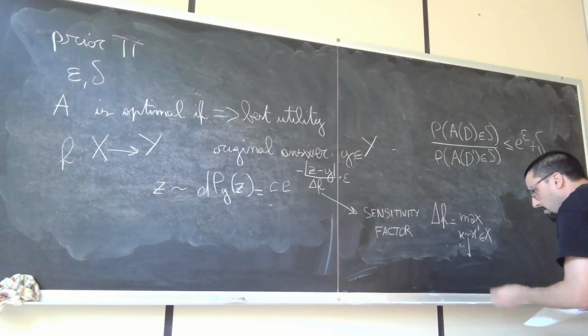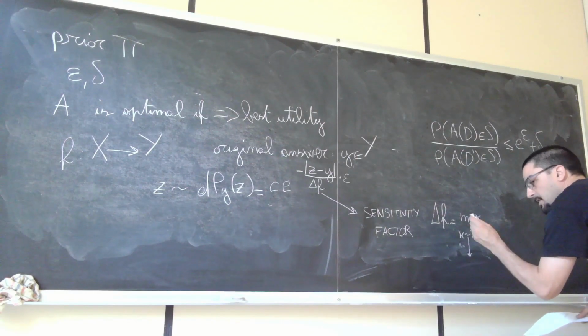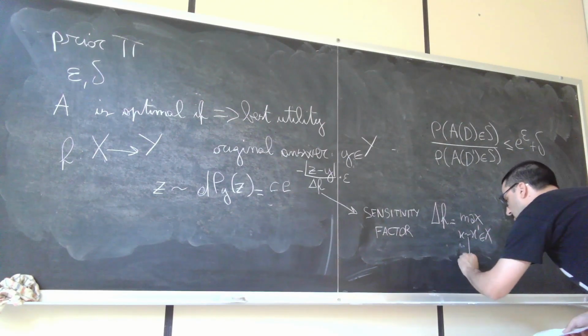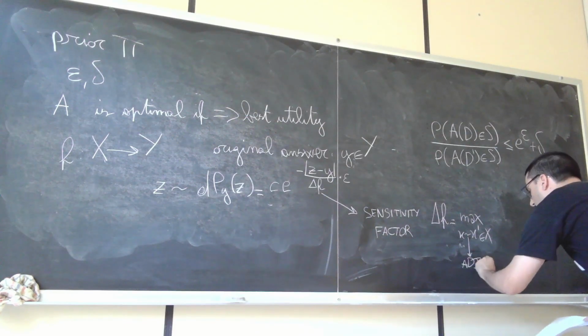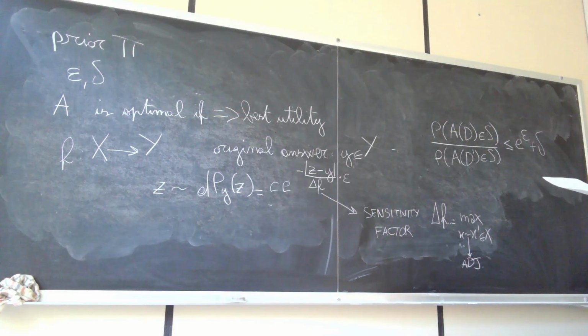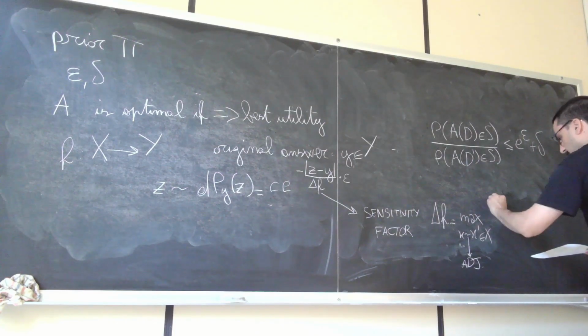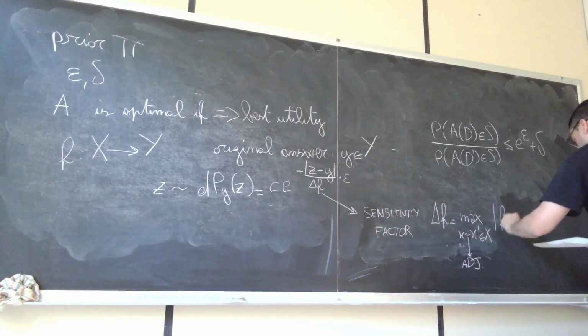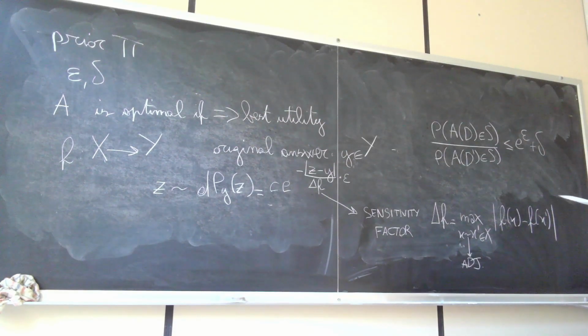So they are very close to one another. They are different in one row, for example, if you are considering databases. So it would be the maximum of this particular distance, f of x minus f of x prime. Okay.